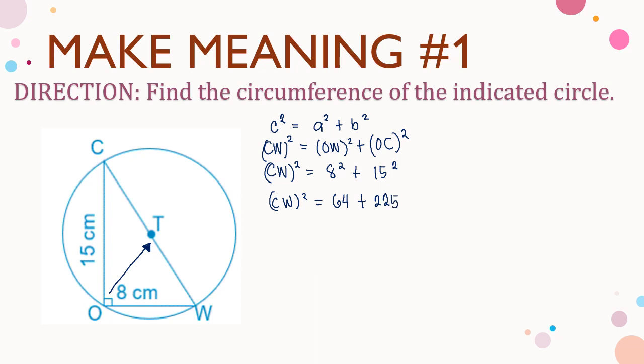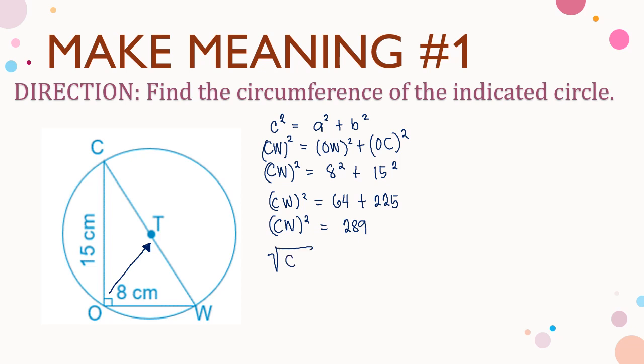Now combining them, CW squared is equal to 64 plus 225, which is 289. Of course, this is not yet a final answer.